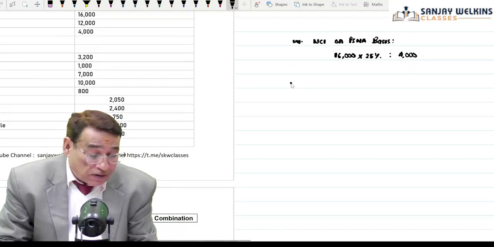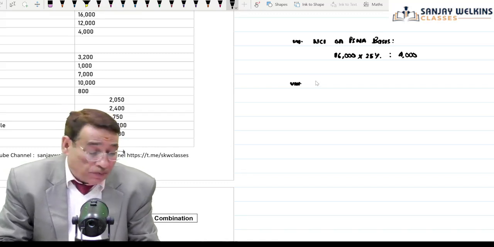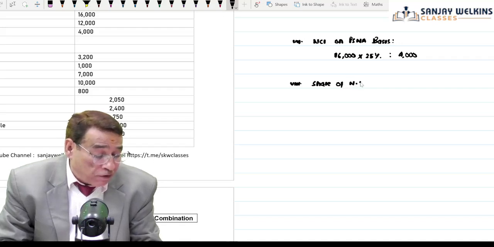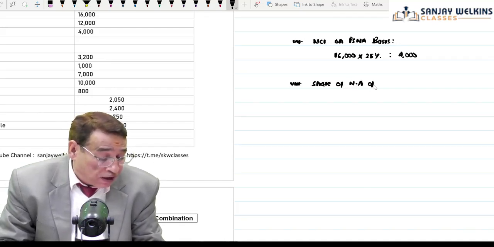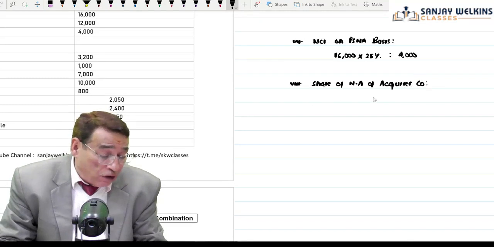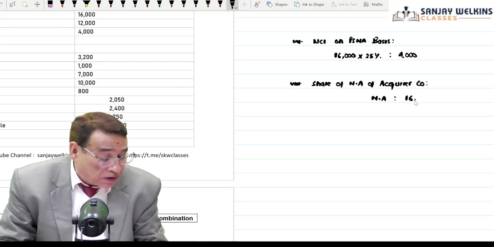Now the next point is the 8th point. Suppose I want to know the share of net assets of acquirer company. How am I going to find out? I've already told you, first of all, I will write net assets. Total net assets on the date of acquisition is equal to 16,000.